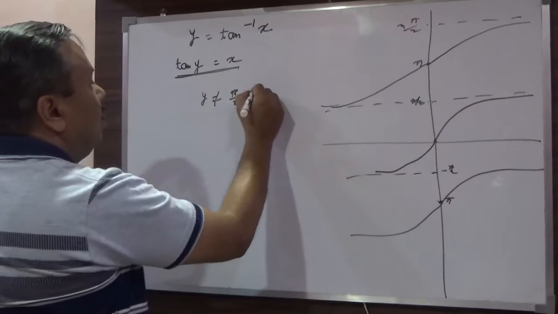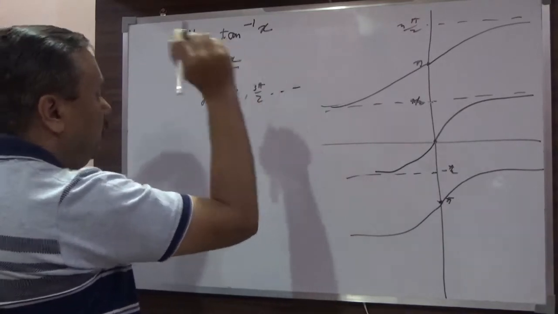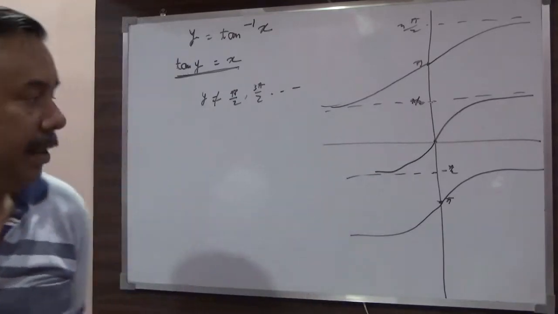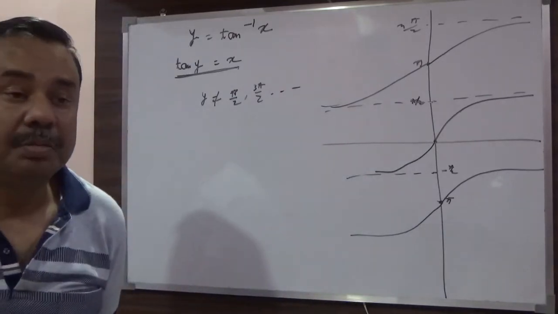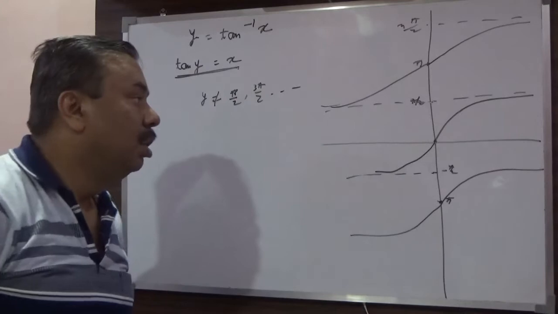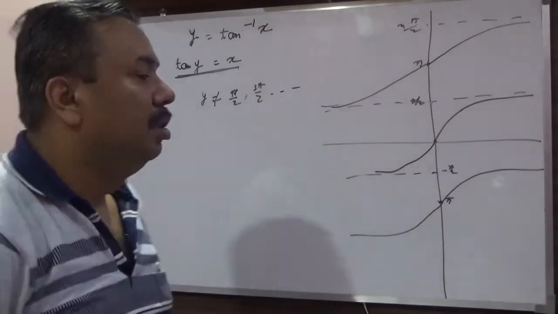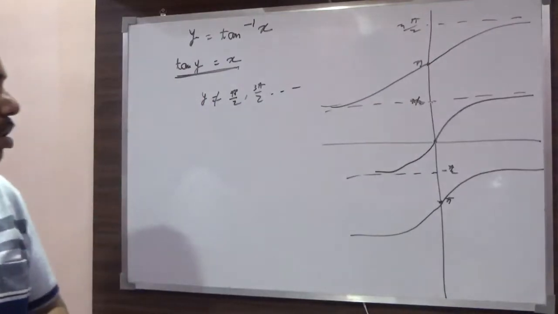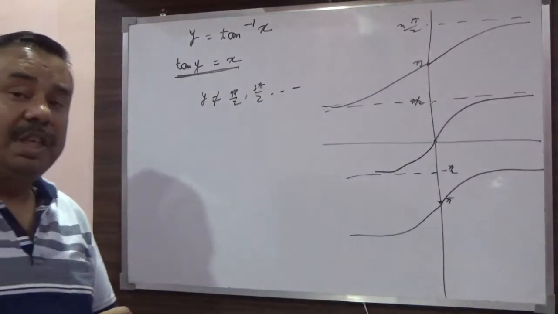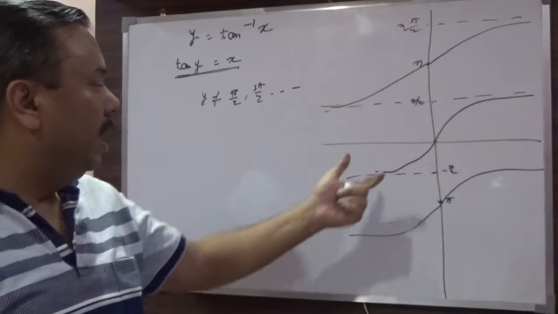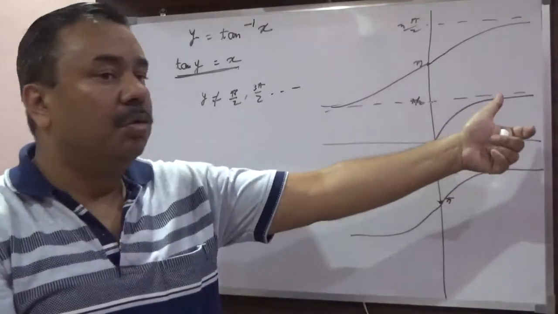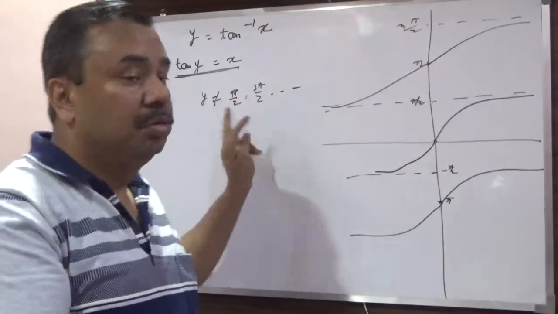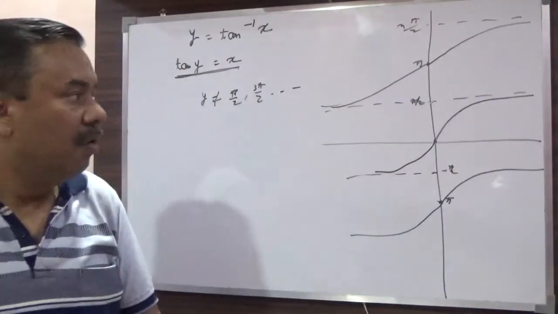That is 3 pi by 2 and so on. Okay? It cannot be equal to these values because at those values, the value of x is not defined. So what could be the value of x now in this case? It can take any value. x is again taking any value, but y is not taking these values in any case.